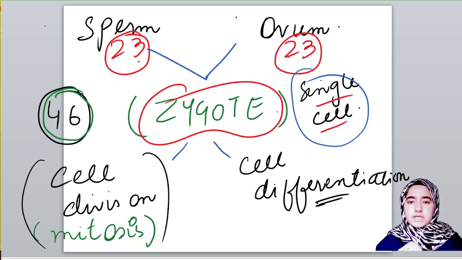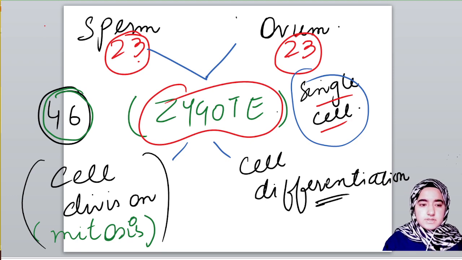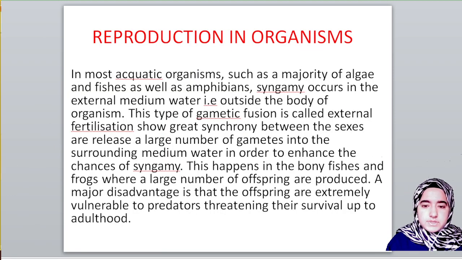Cell differentiation means that it is the capability of the zygote to arrange the cells accordingly. So two types of processes will occur, cell division and cell differentiation. I hope this concept is clear.